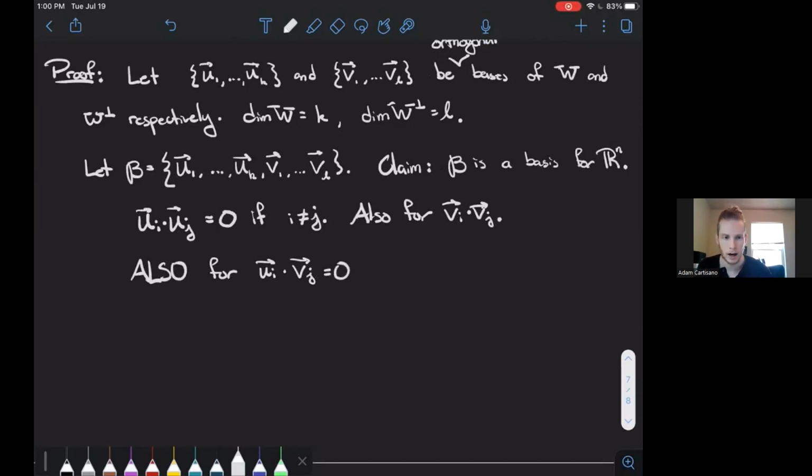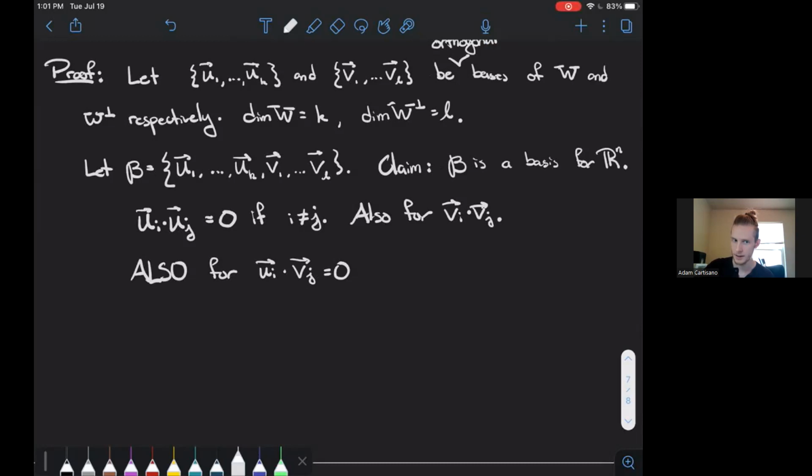The dot product of Ui and Vj is equal to 0 for any i and any j. Any U vector dot any V vector is 0. Why? Because W and W perp are orthogonal complements. In other words, the dot product of any vector in W with any vector in W perp is precisely 0 every single time. That's the whole point of this lecture. So we get this, always.